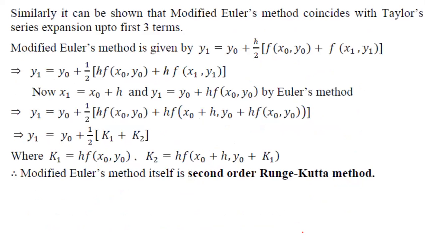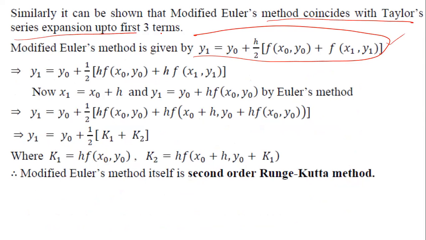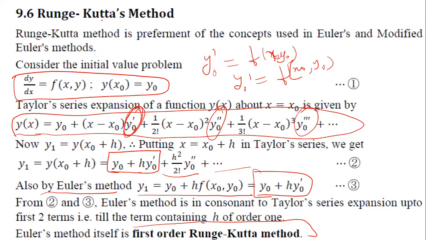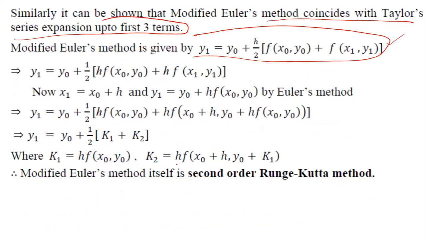So when we consider the modified Euler formula, here, if you take this modified Euler formula, again, this modified Euler formula is in agreement, or coincides, with the Taylor series expansion up to the first three terms. So if you manipulate around this Taylor series expansion up to the first three terms, you will arrive at this modified Euler method.